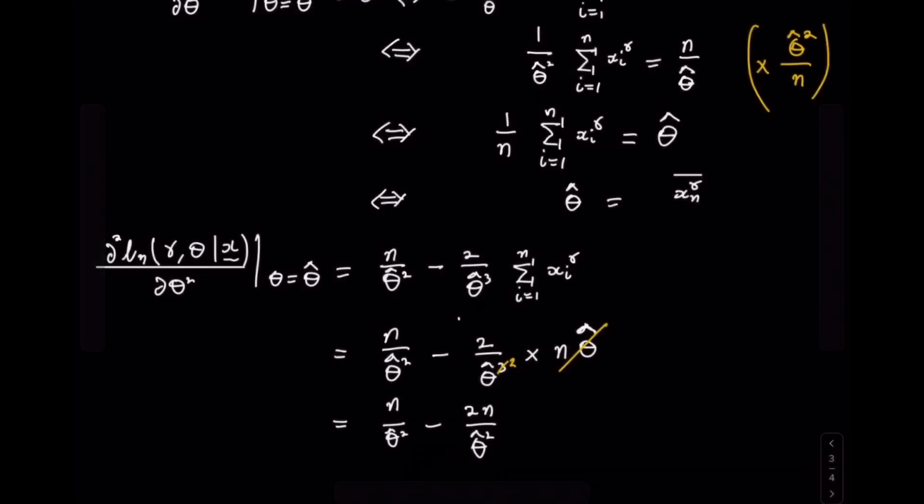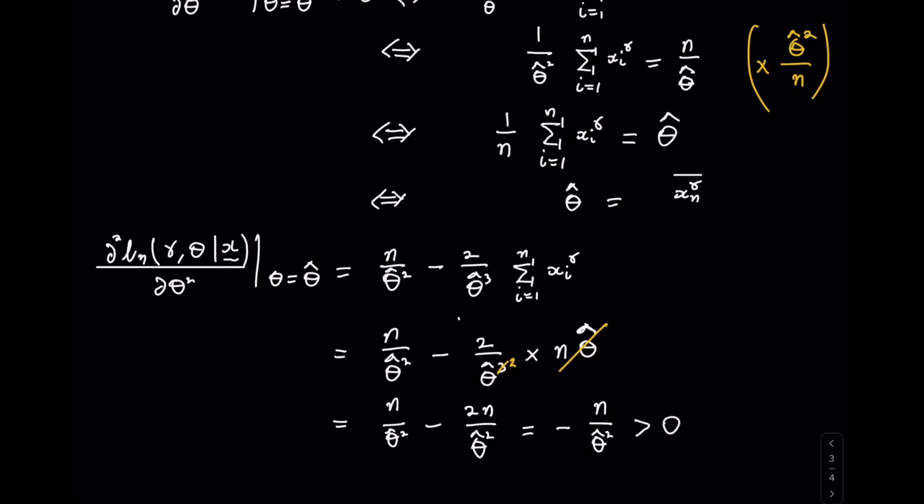And then finally, this gives us negative n on theta hat squared, which is less than or equal to 0. And so we have proved that it is in fact a maximum, this maximum likelihood estimate. And so that is in fact the maximum likelihood estimate for theta if we had a known value of gamma.